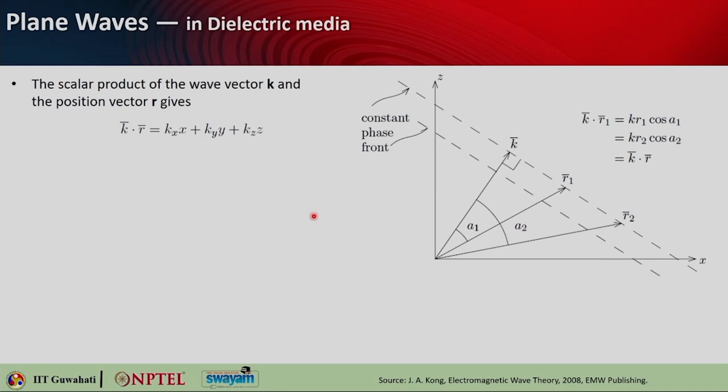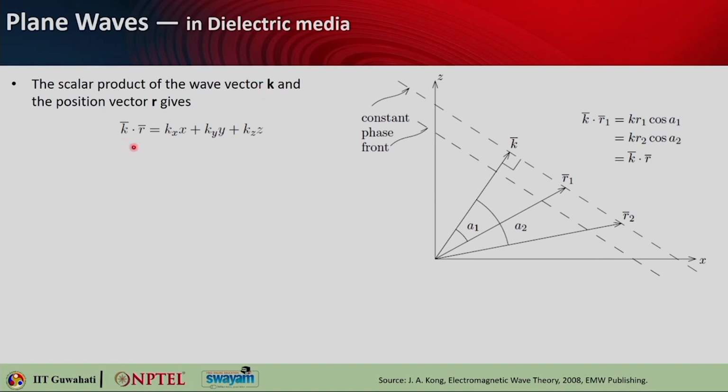Now let us see how plane waves propagate in dielectric media. The direction of propagation is actually given by the scalar product of the wave vector k and the position vector r. This basically tells you the direction of propagation.